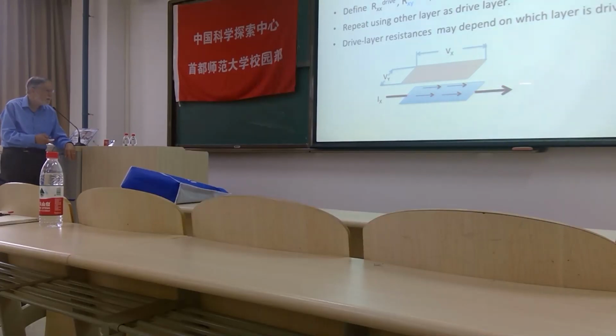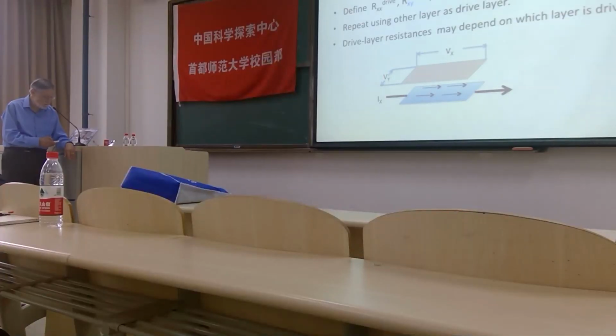I run a current through the bottom layer. And no current is allowed to flow in the upper layer because it's only measuring voltage. Now I can measure the voltage drop in the x direction in the bottom layer, or I can measure it in the top layer. Similarly, I can measure the Hall voltage in the top layer and the bottom layer.